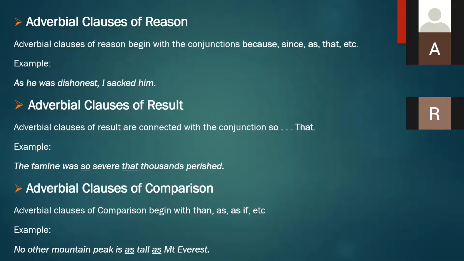So adverbial clauses of comparison begin with than, as if, etc. So for example, no other mountain peak is as tall as Mount Everest. So as tall as is the conjunction used to compare Mount Everest with other mountain peaks. Okay, moving on.